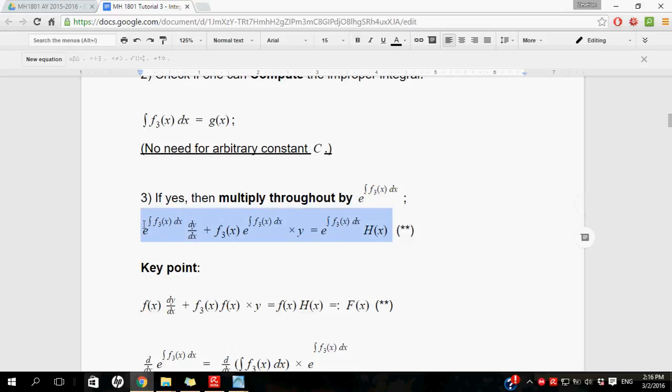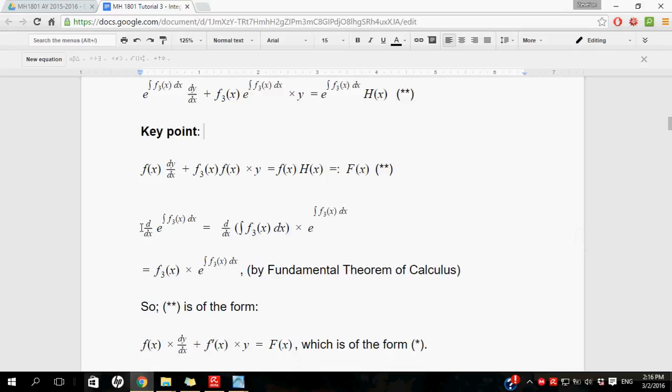We multiply our integrating factor, e to the integral of f3, to every term in our differential equation. What is the key thing to note here? The key thing to note is that when you differentiate e to the integral of f3, you are able to write it in a very nice form.